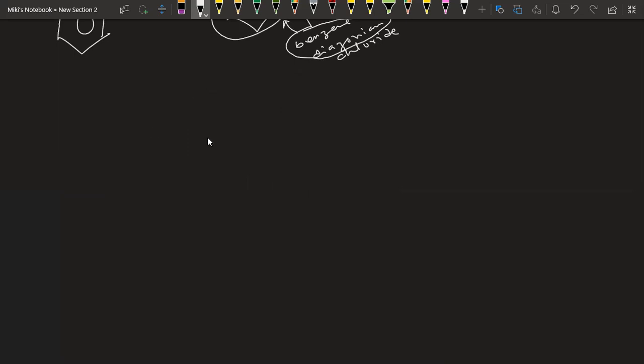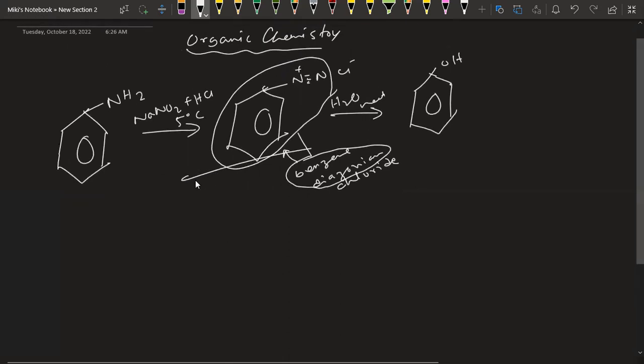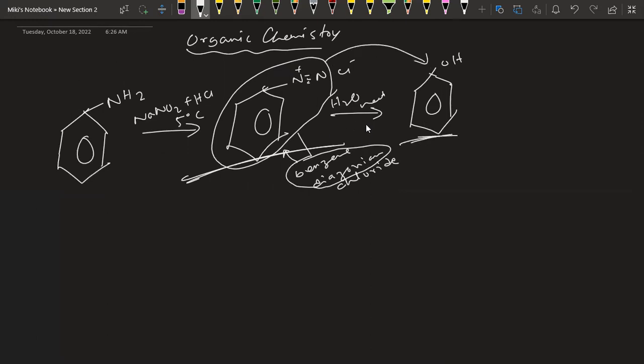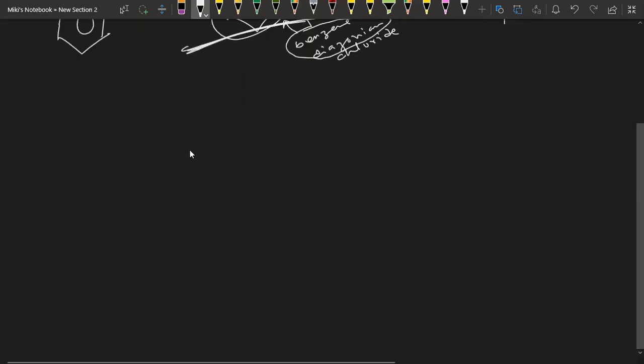Now we are going to make, as I mentioned, azo dye. This benzene diazonium chloride reacts with the product it forms when heat and water are applied. So this benzene diazonium chloride is going to react with this phenol and produce our required product, in this case azo dye.